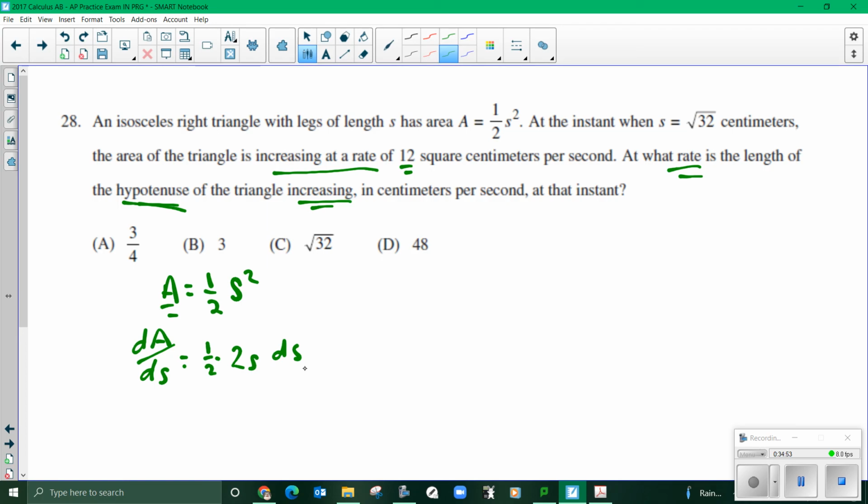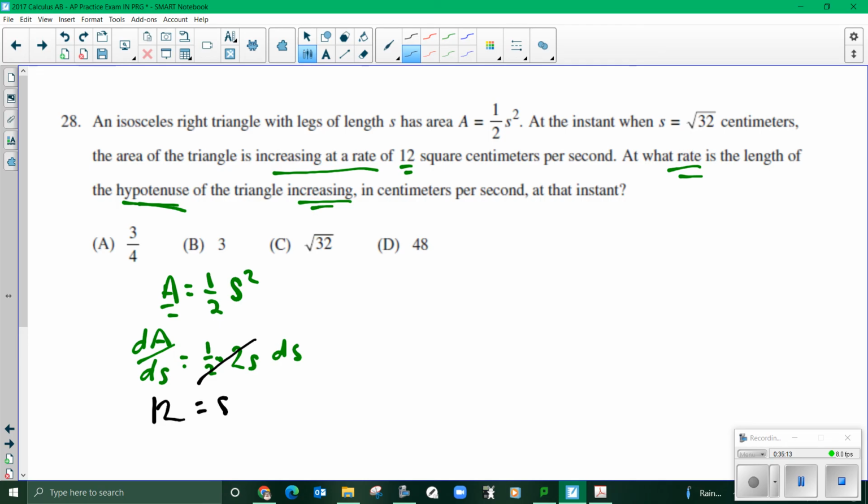The rate of the area is 12, so this is my 12. My 2 and my 1/2 go bye-bye, because when I multiply them, they just equal 1.